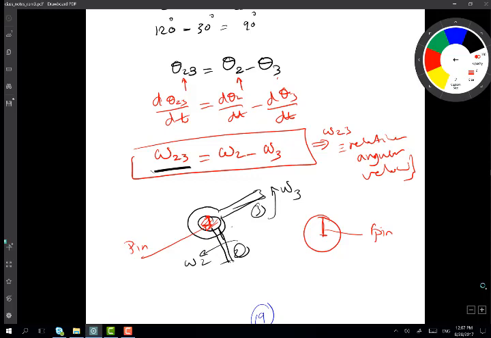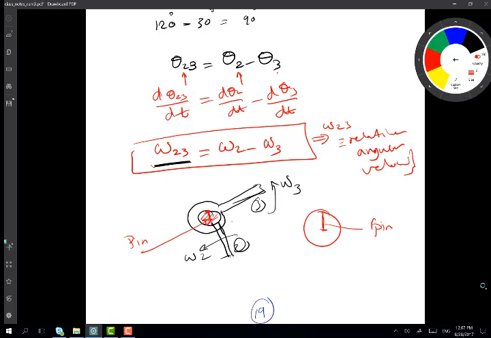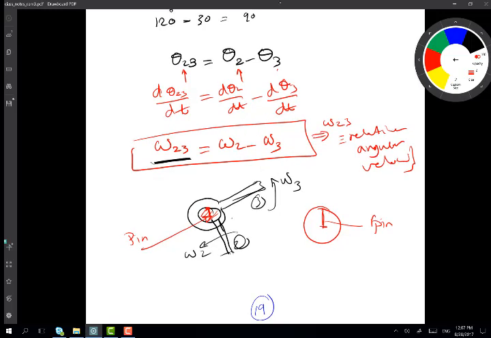At this point here, out on the pin surface, you have rubbing taking place between the two links because they don't have the same angular velocity. If they had the same, the difference would be zero, and no rubbing would occur.